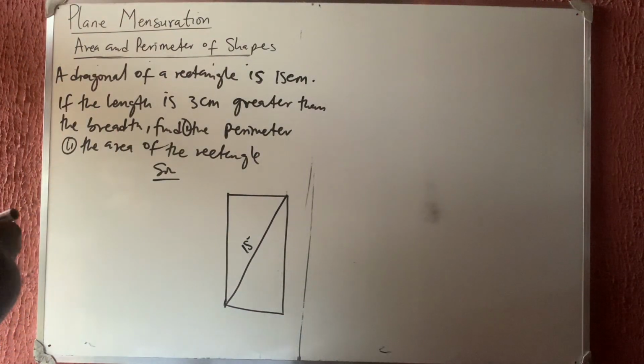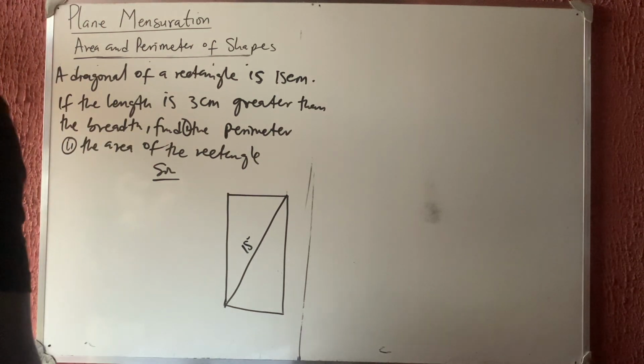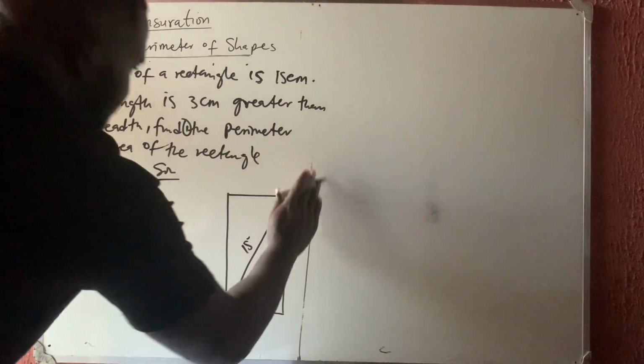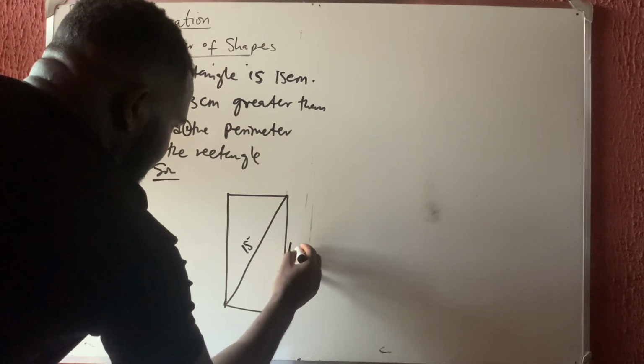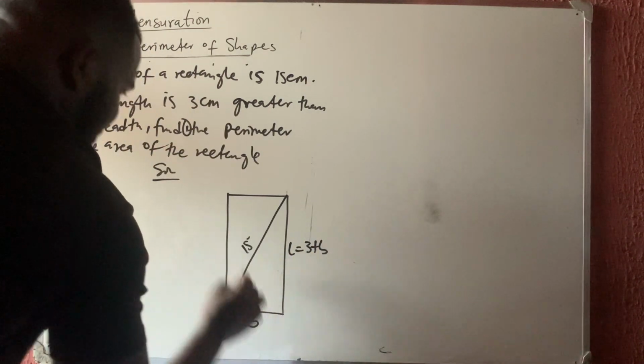Okay, they've taken the light, but I hope you can see what I'm doing. This is going to be the last question because they've taken the light. So diagonal is 15, and they told us that the length is 3 greater than the breadth. So the length is 3 plus the breadth, because it is 3 greater than. So here is my breadth.